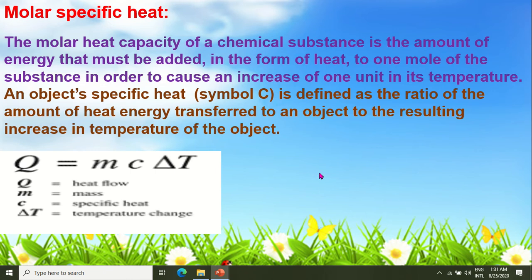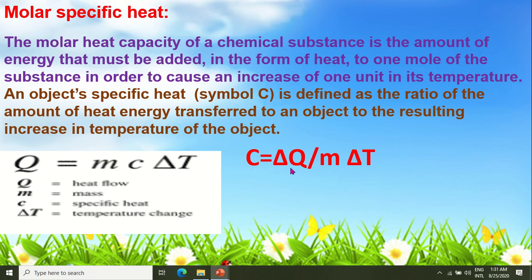So from this equation, we can write C equal to ΔQ by mΔT. That means if ΔQ amount of heat is supplied to the system, then the heat capacity is the ratio of the amount of heat supplied to the resulting increase of temperature of the object. C equal to ΔQ by mΔT.